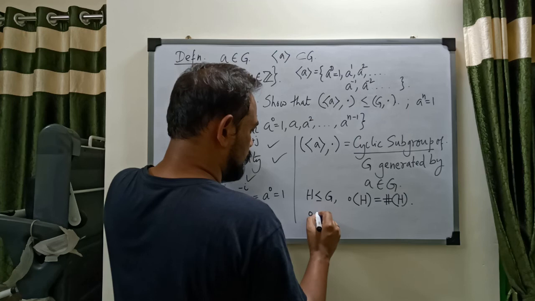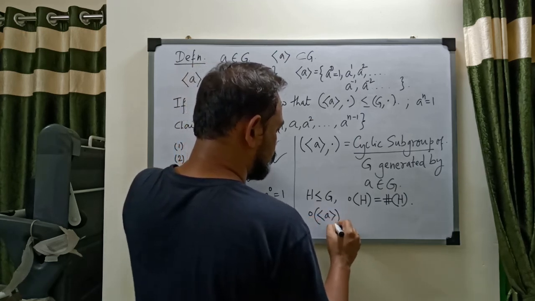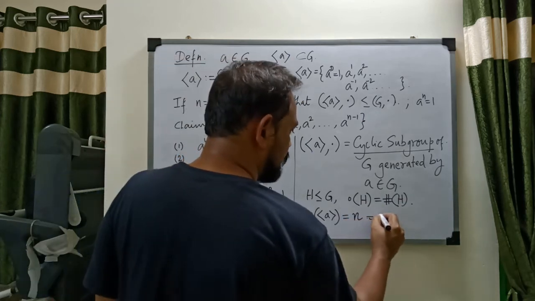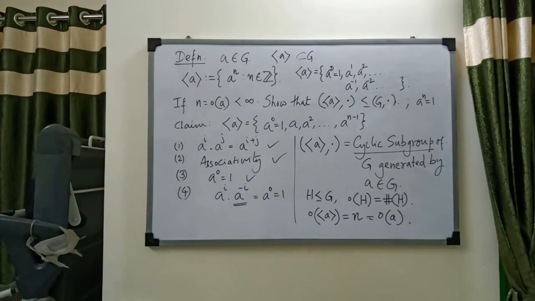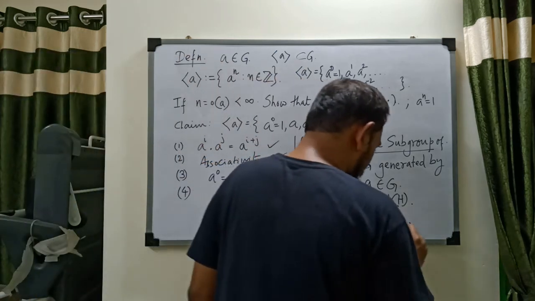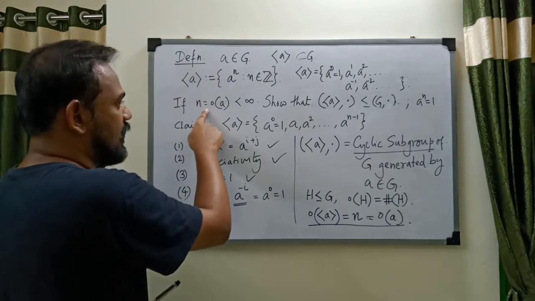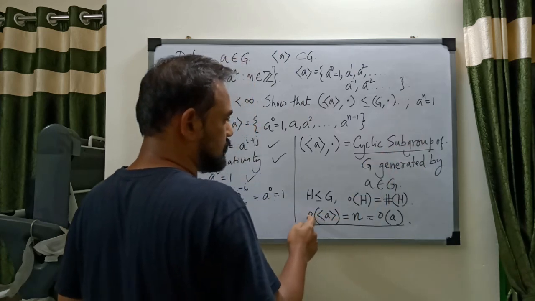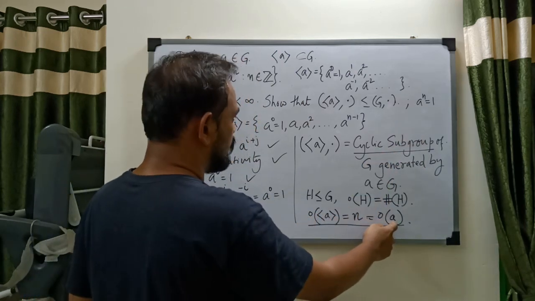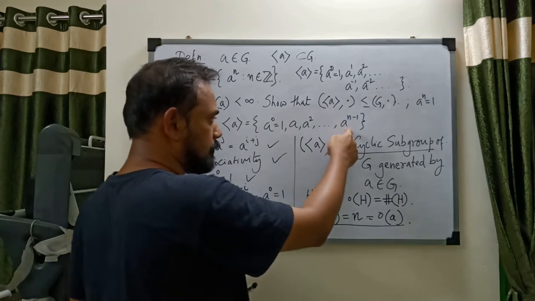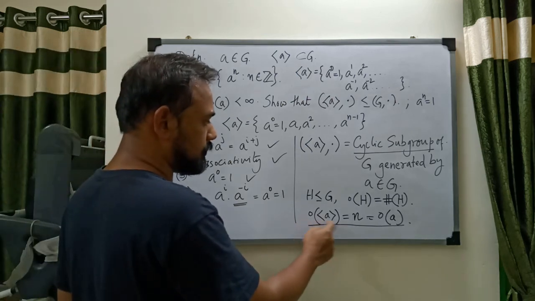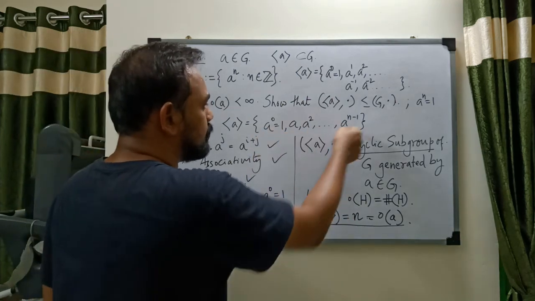By this definition, the order of this new subgroup will be n, which is the order of a. So that's a small theorem: if you have an element of finite order n, then the cyclic subgroup generated by a will also have n elements.